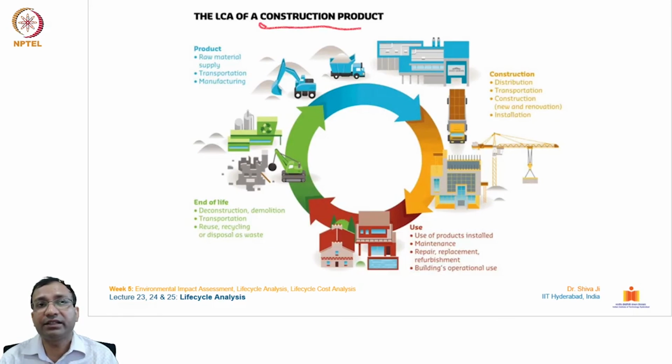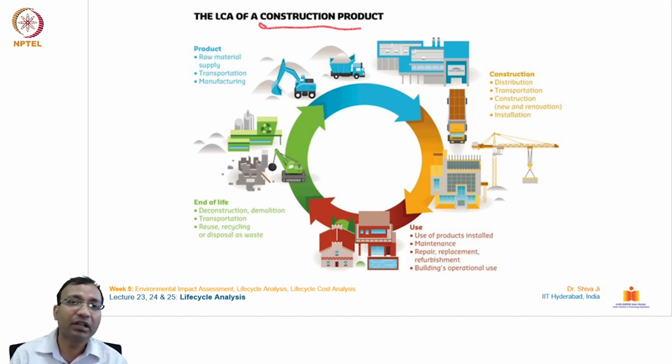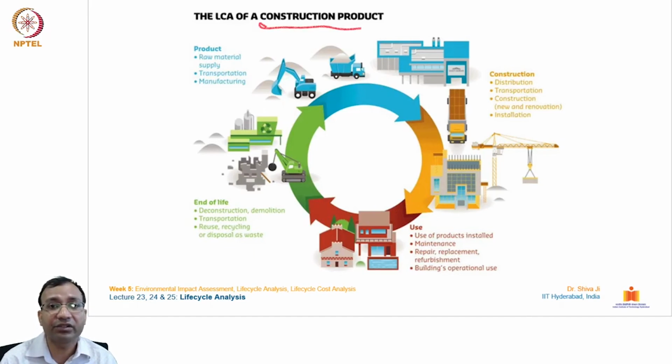So we will see the LCA of a construction project in detail over here. You see that in the product stage, raw material supply, transportation and manufacturing take place. Then it goes for the construction phase: distribution, transportation, construction, new and renovation, etc. Also, whether it is a new building or a renovation of an old building, several sorts of installations take place.